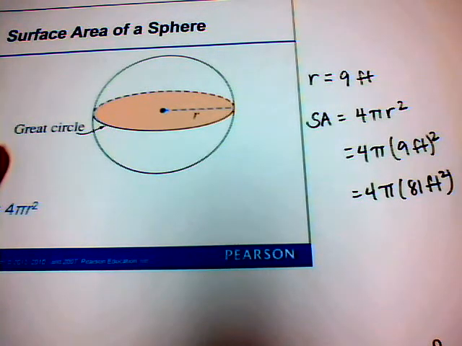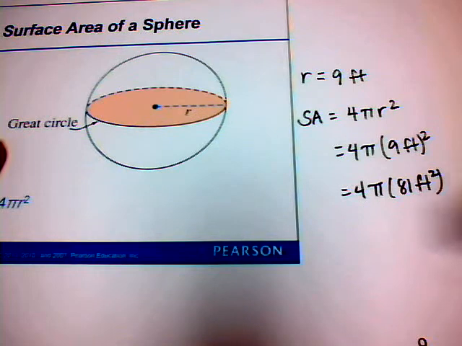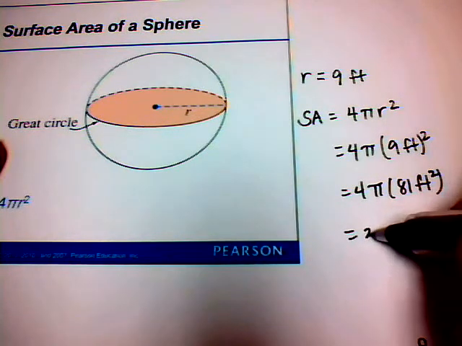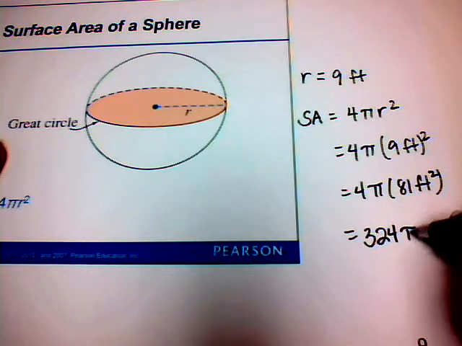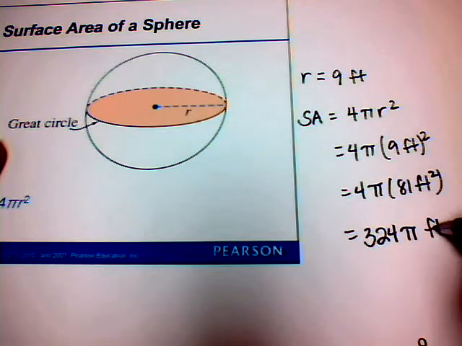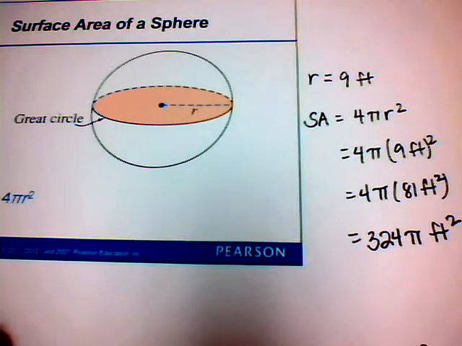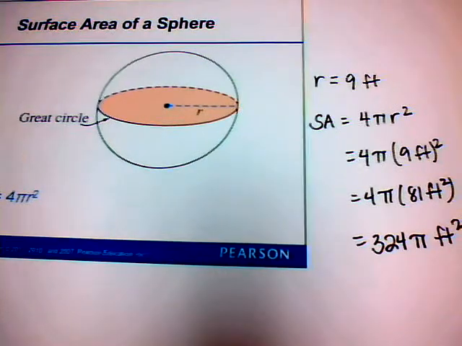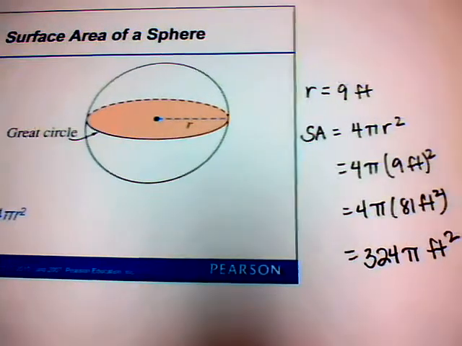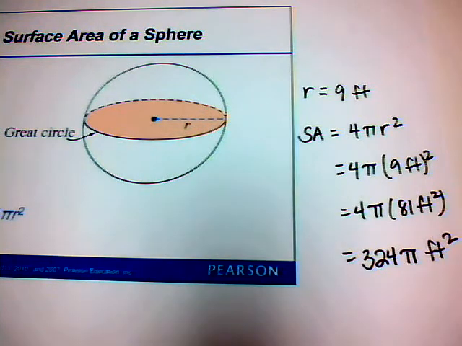And then 81 times 4 will give me 324. So I have 324 pi, and that's square feet. I'm leaving the answer in terms of pi. So the surface area of this particular sphere with a radius of 9 feet will be 324 pi square feet.